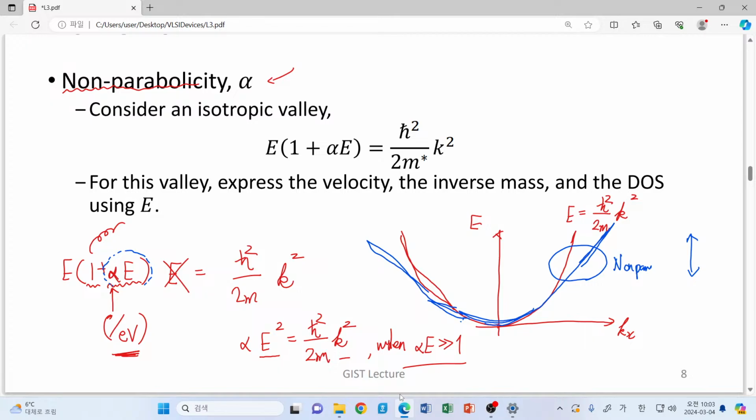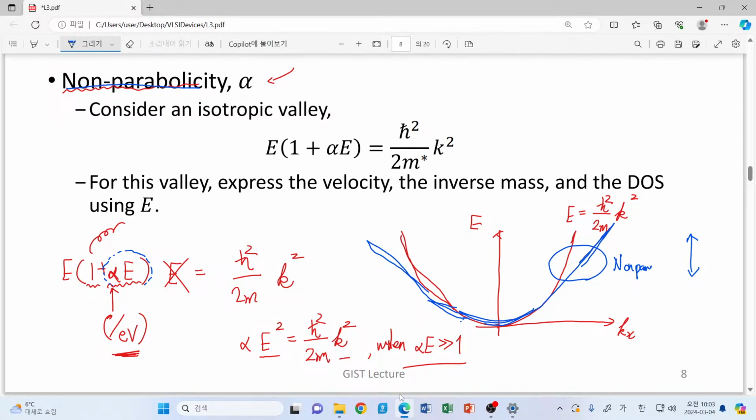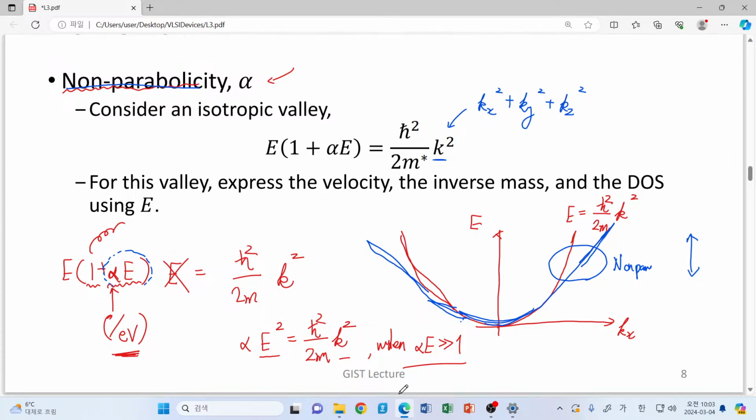That's the reason why I wanted to ask you to try to calculate the impact of your non-parabolicity factor. You don't have to consider anisotropy. You can say that k square is just given by kx square, ky square, and kz square. It's okay. Don't worry about the anisotropy. Your system is really spherical.